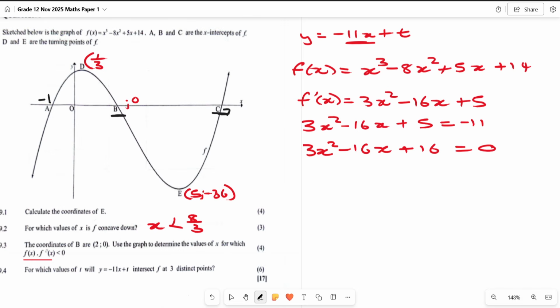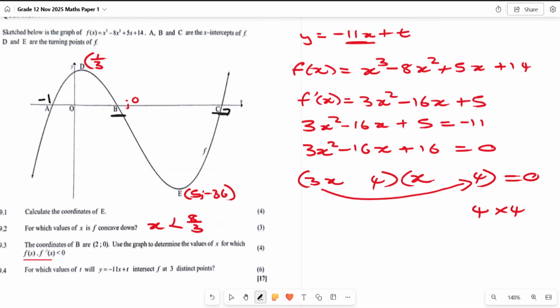Now let us factorize that real quickly and find out what our values of x are. This is quite interesting. 3x, and then x is equal to 0. So we have 4 times 4. If we put 4 here and 4 here, that is going to give us 12x and plus 4x.